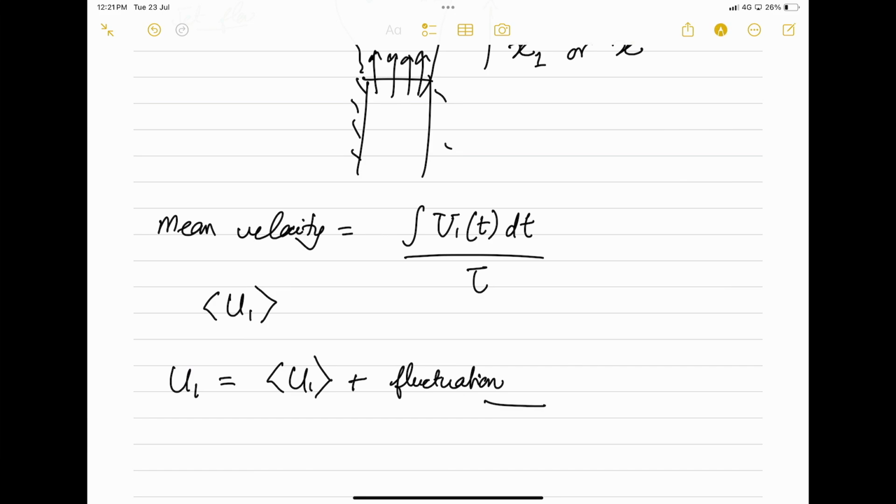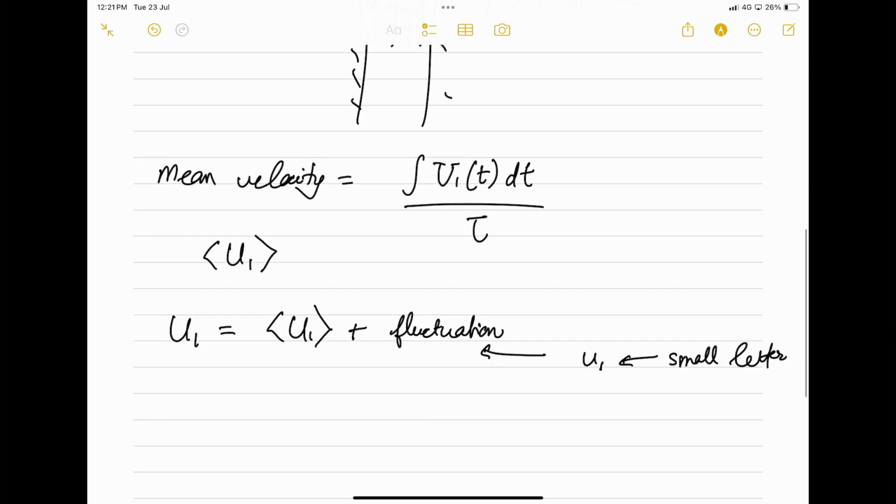For the fluctuation, either we will use small u1, this is one notation, or the traditional notation, we call it u1 prime. So prime is also used, or the small letter, depending on which book you follow.